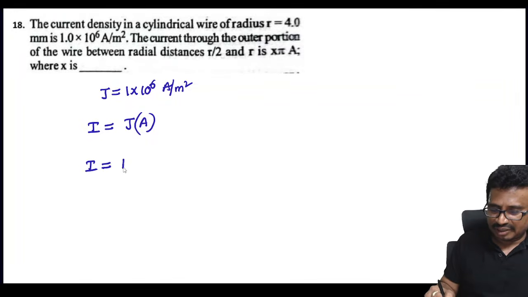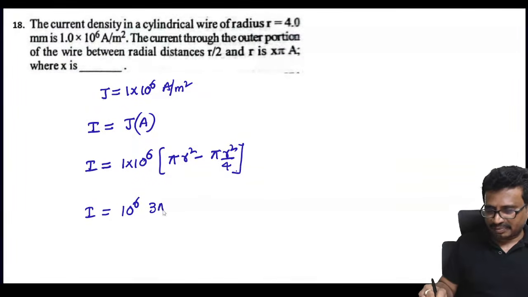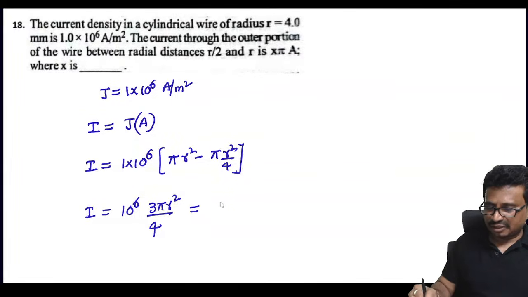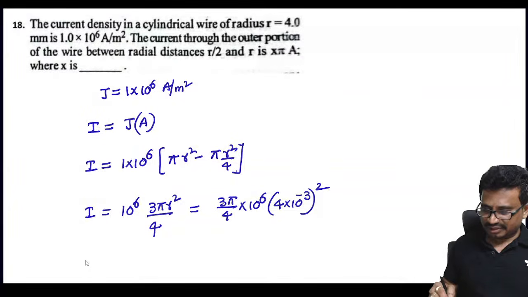So this is the J value 10 power 6 into the total area. This is pi r square minus pi r square by 4. Simplify, get it. So 10 power 6 into 3 pi r square by 4, which will come to be 3 pi by 4 into 10 power 6, r value 4 into 10 power minus 3 whole square.